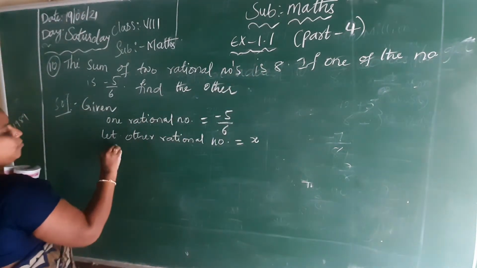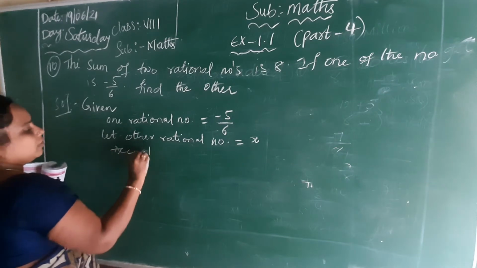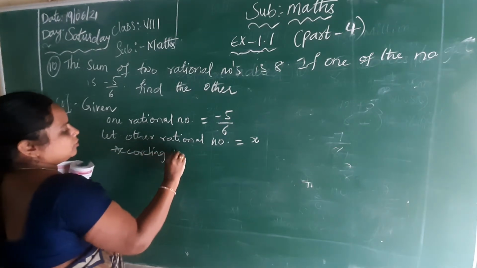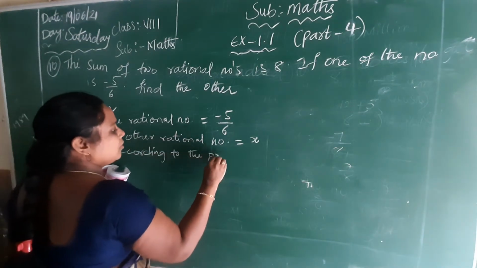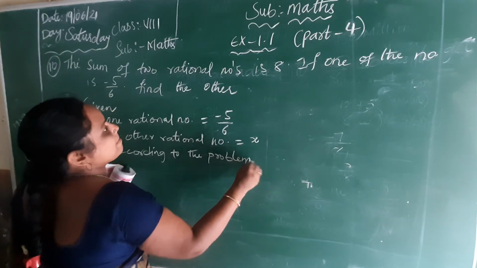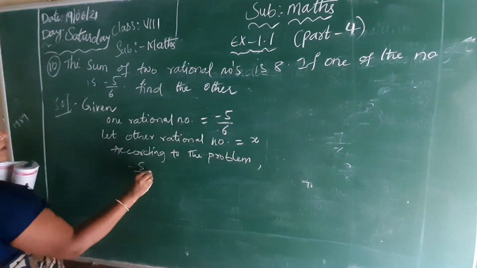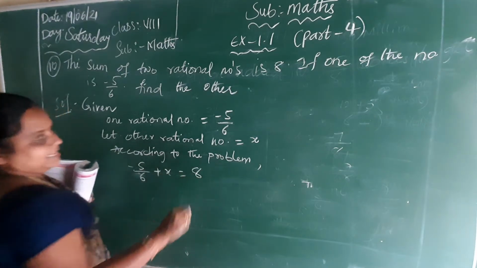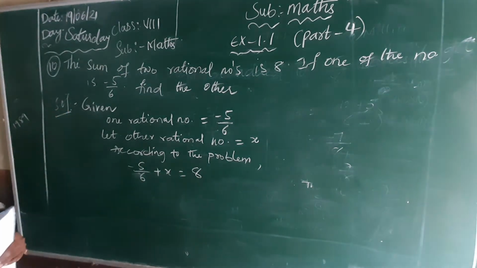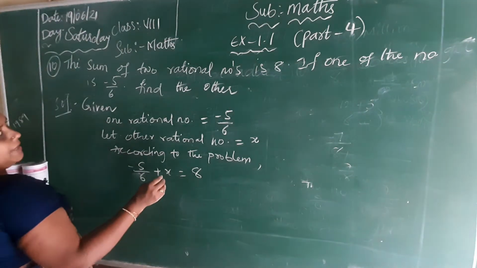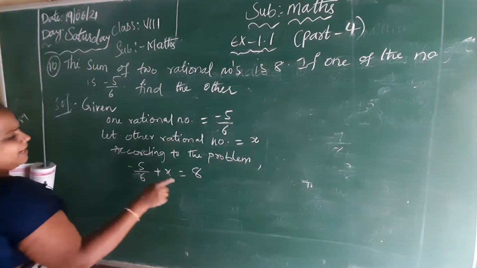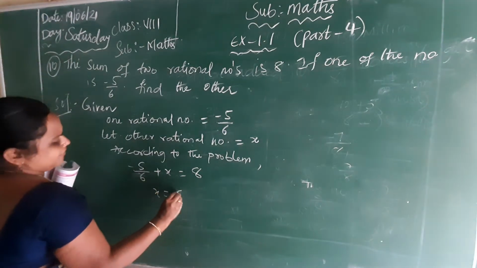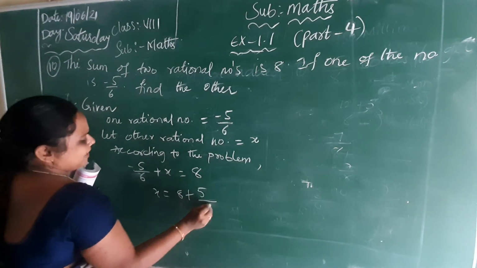So according to the problem, adding the two numbers, minus 5 by 6 plus x is equal to 8. As I told, transposing minus 5 by 6 to that side, it becomes plus 5 by 6.